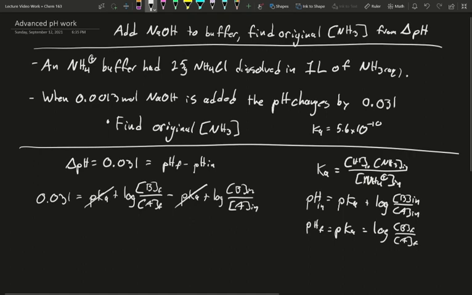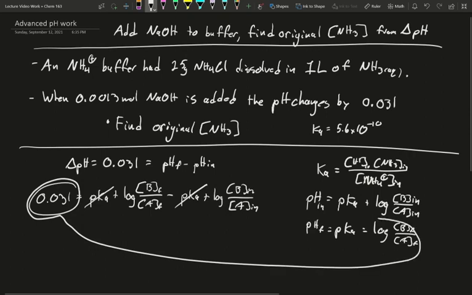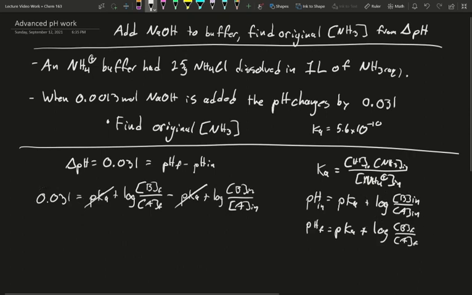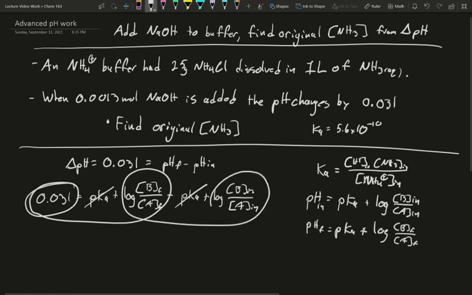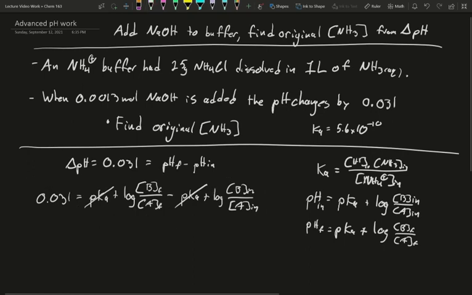If you think about why for a minute, well, the change in pH only comes from the differences in the log values. The concentration of your weak acid and your weak base, as you change them and then let it equilibrate, causes your pH to change, but it changes around that pKa value. The pKa doesn't alter as we mix things, so if we're just looking at the change, it's only dependent on the concentrations of weak acid and weak base.